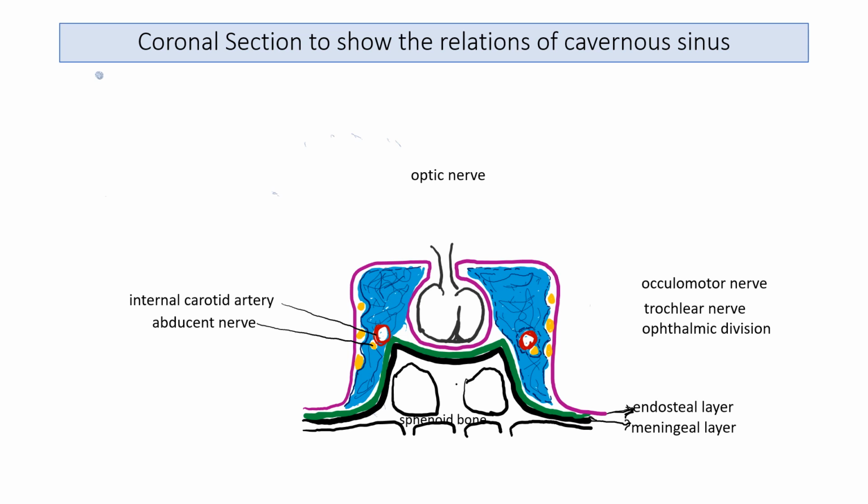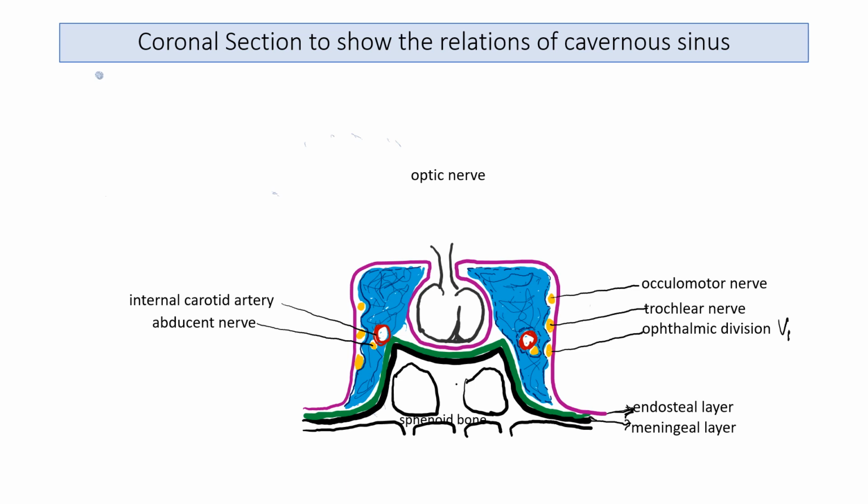And the structures in the lateral wall are the oculomotor nerve, trochlear nerve, and the ophthalmic division of the fifth nerve. I can write the fifth first. So this is about the lateral relation and the structures passing through the cavernous sinus.